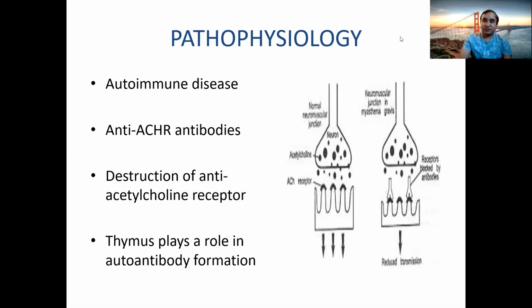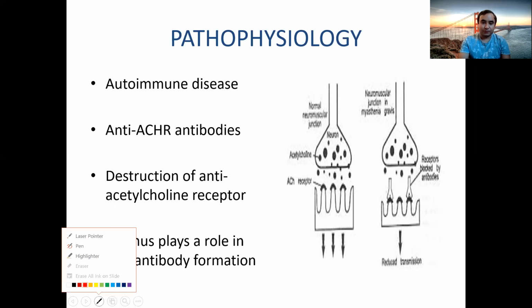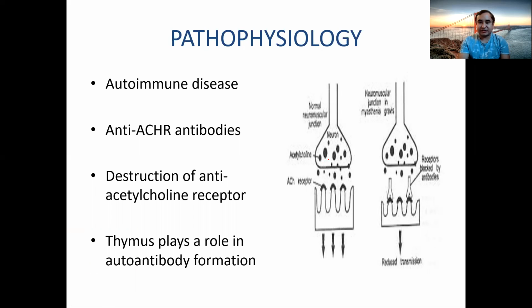So what is the pathophysiology? As you know, there is a potential space here. This is the neuron, and this is the muscle. In the neuron, you can see the acetylcholine.